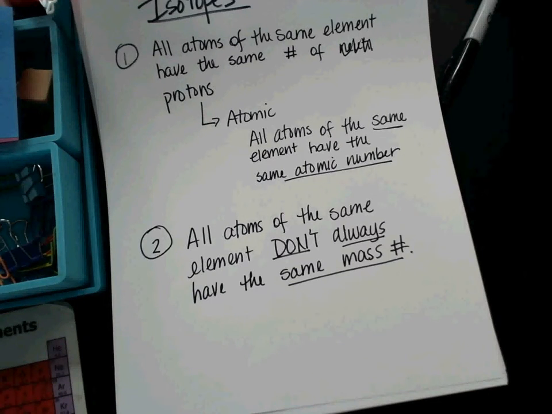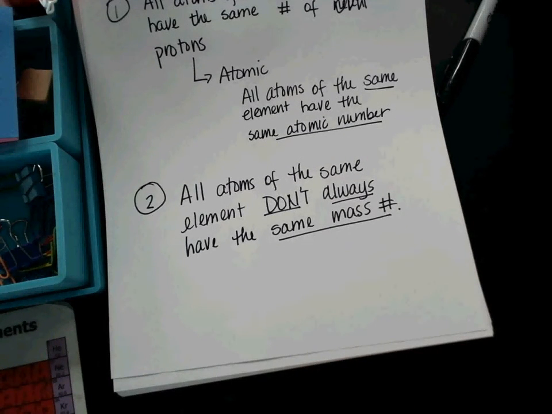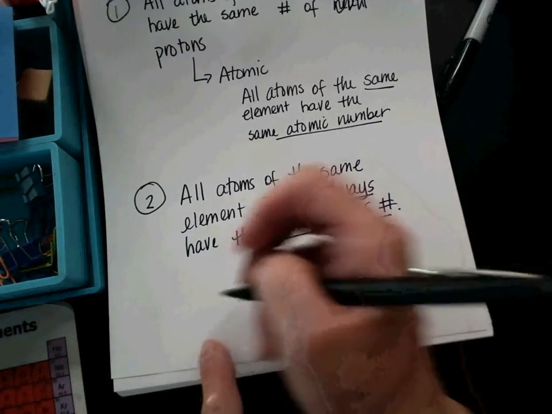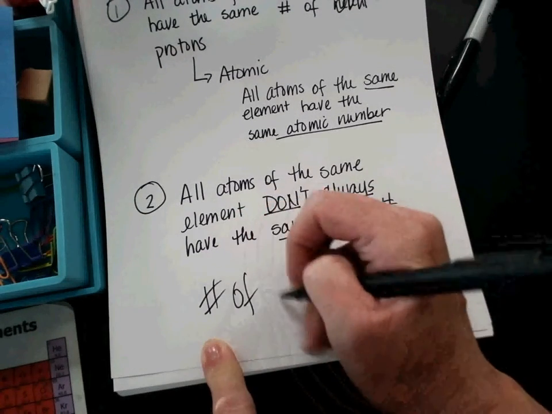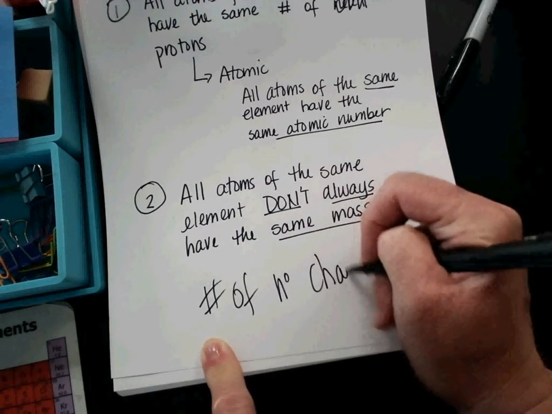I'm going to let you write that, and then we're going to stop and think about it for a minute. If they don't always have the same mass number, but they always have the same atomic number, what's the thing that changes? Neutrons, yes. So the number of neutrons changes.